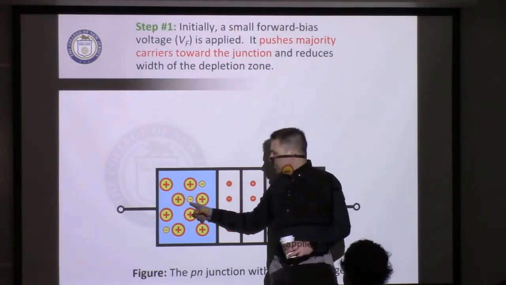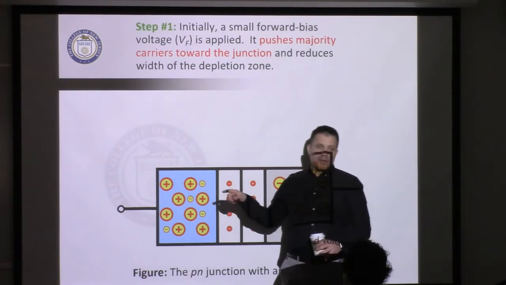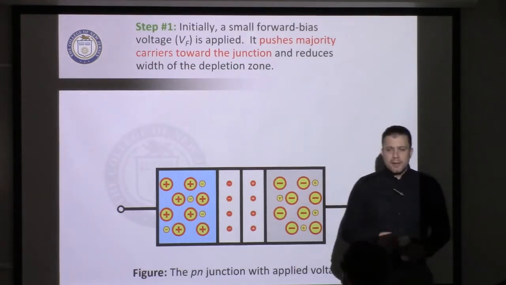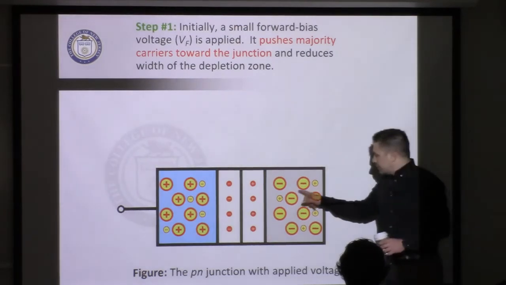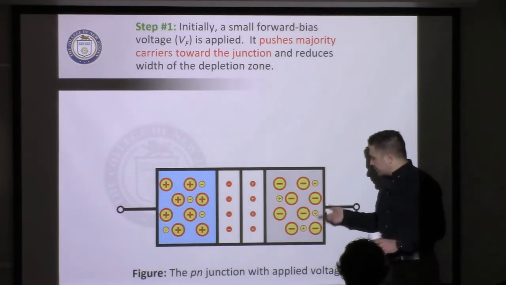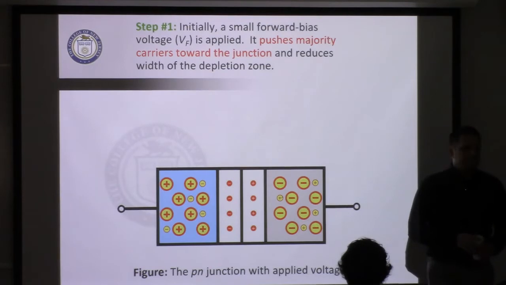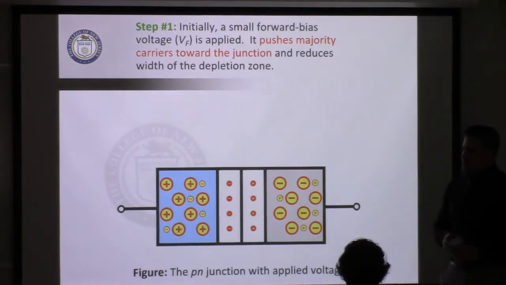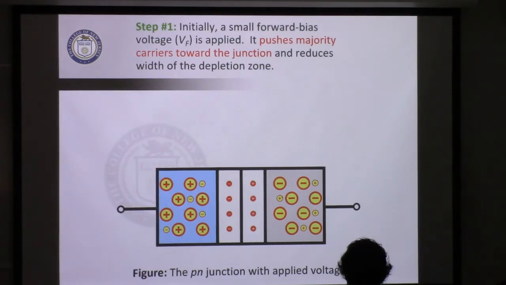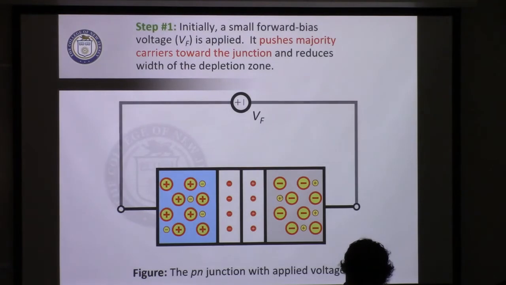There are fewer. Now, this is not a very good example of the actual ratio because in reality it would be multiple orders of magnitude smaller, not 8 versus 4. That ratio is obviously off, but for the purposes of demonstration, I think this works well. So we're going to get rid of the bound charges.